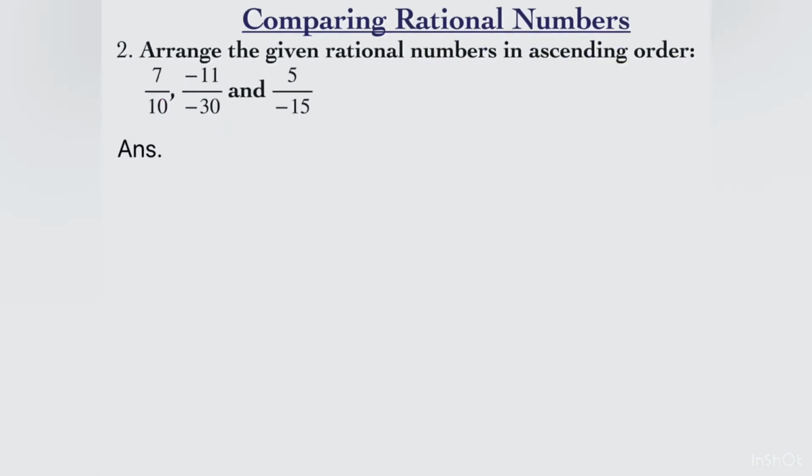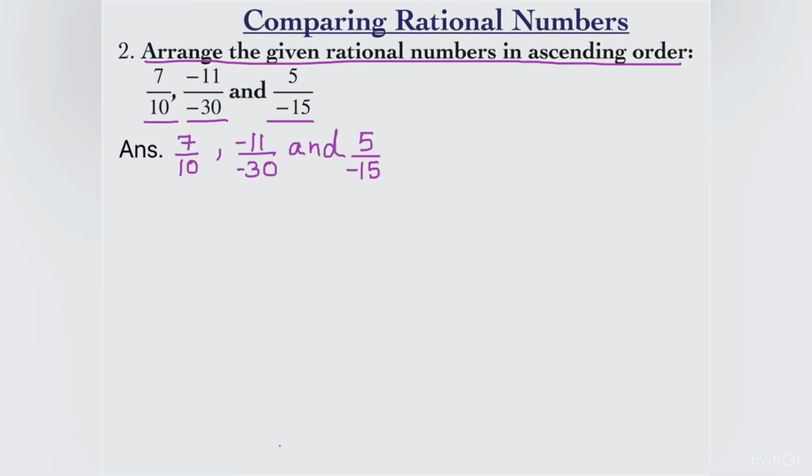Let us look at the second question. Arrange the given rational numbers in ascending order: 7 by 10, minus 11 by minus 30 and 5 by minus 15. In this question, first we will express each given rational number with a positive denominator.